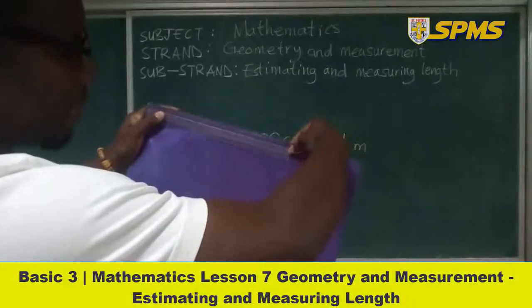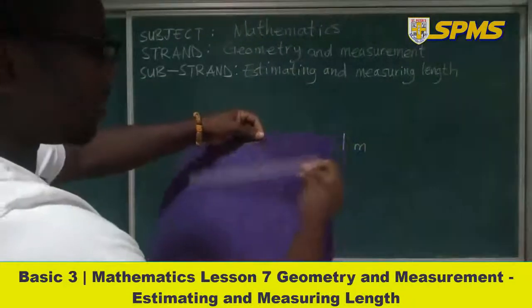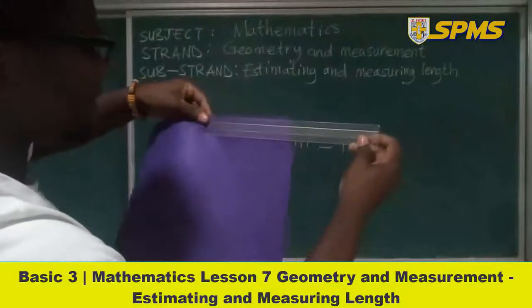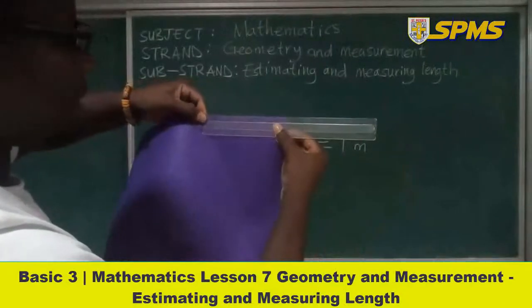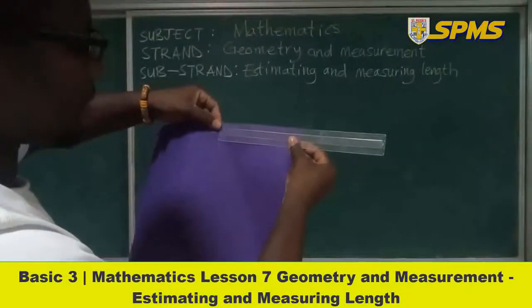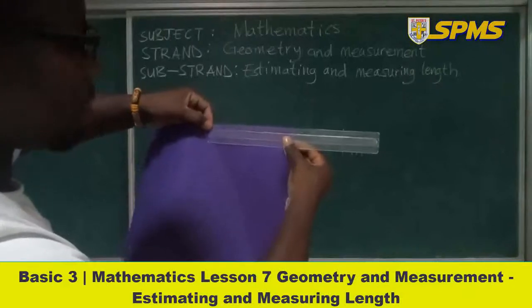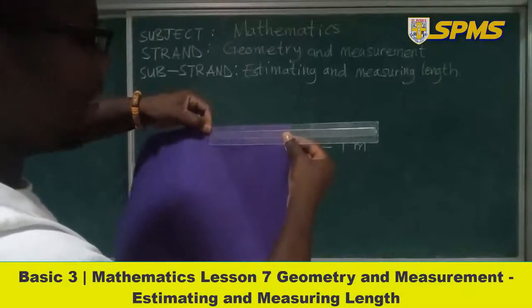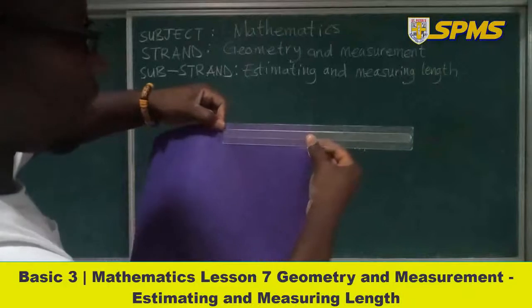So 30 centimeters. Then we place the centimeter rule on it, that is from 0. You realize that it falls exactly on 15.